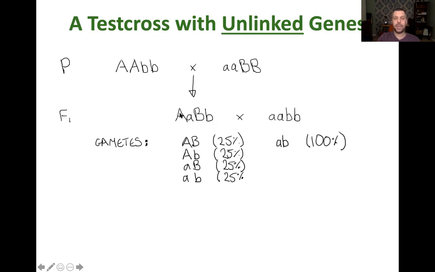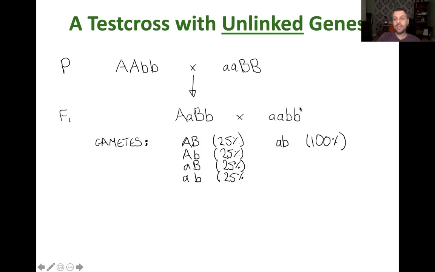Big A, big B, big A, little b, etc., etc. And you would tell me that independent assortment tells you the gametes have to be present in equal amounts, 25% each. Now, if I was to ask you what gametes the homozygous recessive organism could make, you would say there's only one kind, little a, little b, and that's it. 100% of the gametes are going to be that.